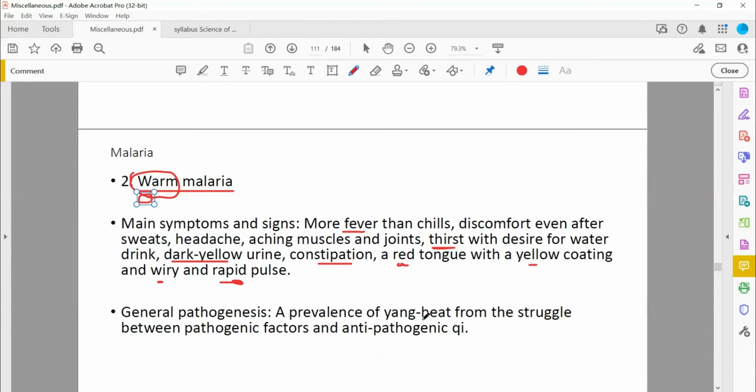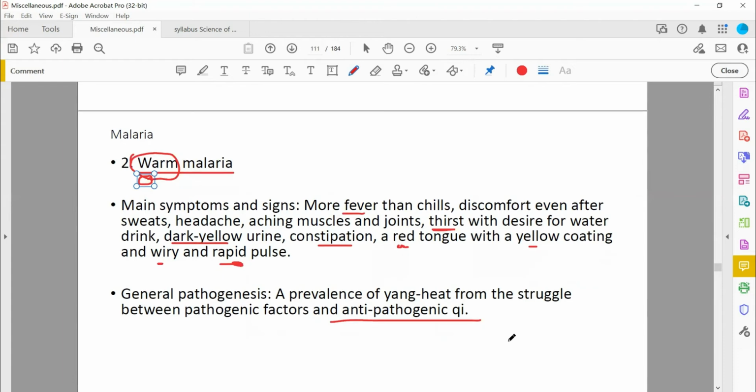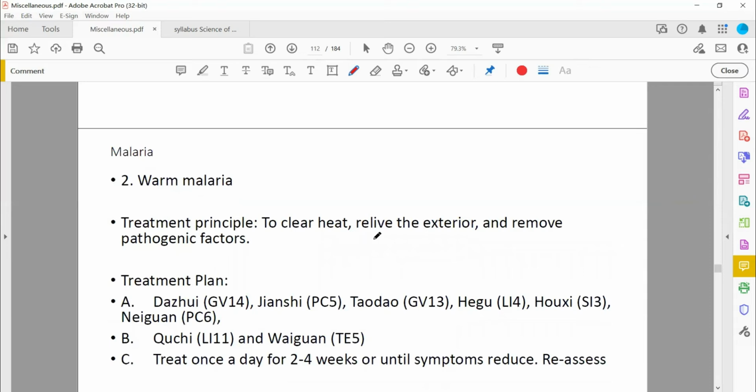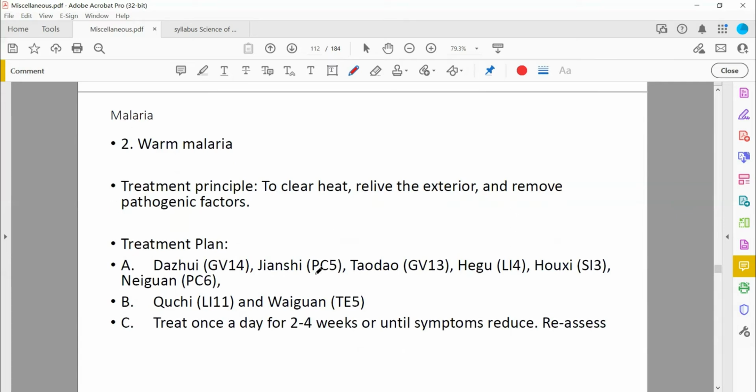A prevalence of yang heat from the struggle between the pathogenic factors and the healthy qi. So to clear heat, relieve the exterior, and remove pathogenic factors: Dazhui, Jianshi, Taodao, Houxi.